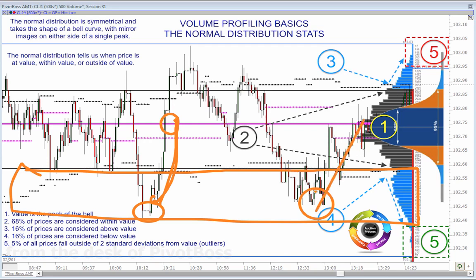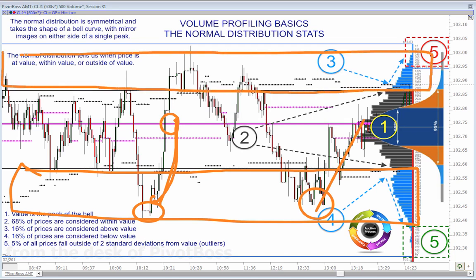That's the best edge. Likewise, if you're looking to sell, you need to be selling above value, because statistically, this 16% is a better area to sell it, to return it back to value where everyone wants it, because that's where everyone's traded it.